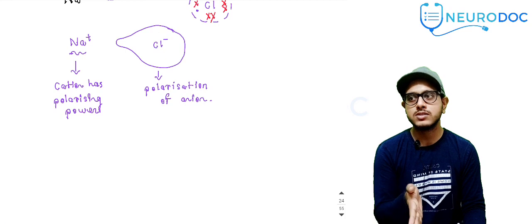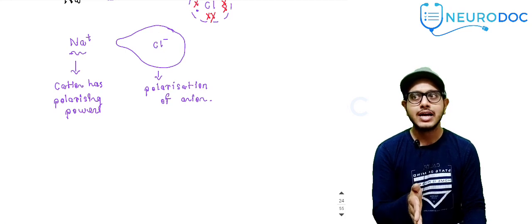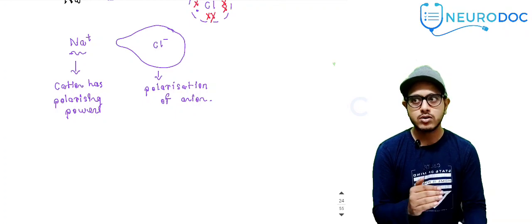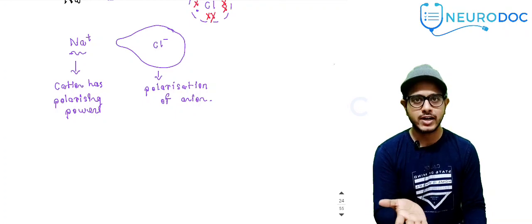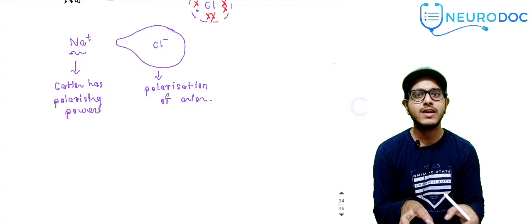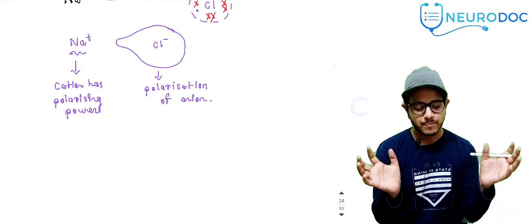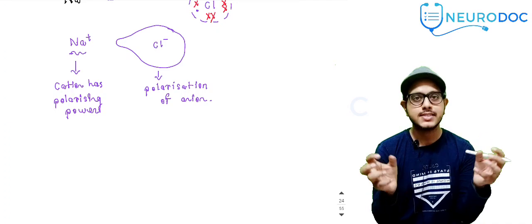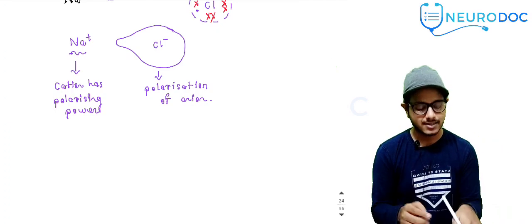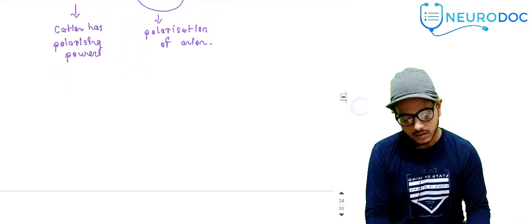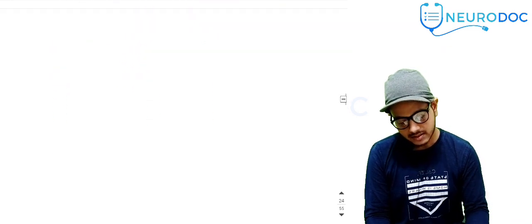I am not saying there is sharing of electron, I am saying that there is more tendency for the electrons to be shared, or the bond tends to be covalent. I am not saying the bond becomes covalent. I am saying the bond tends to be more covalent because both come very close to each other, right?